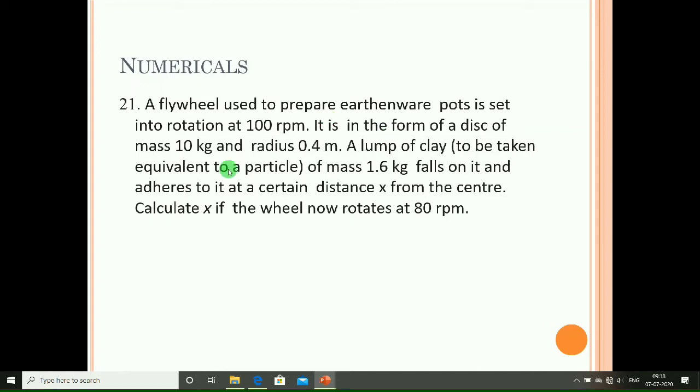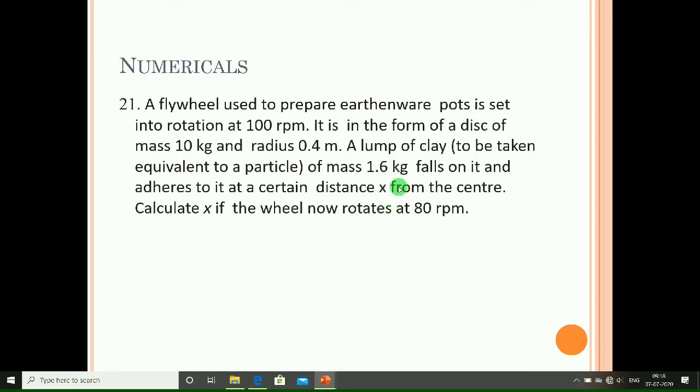What is the case given here? Actually, a flywheel in the form of a uniform disc is considered. This disc is having mass 10 kg and radius 0.4 meter. The disc is rotating at 100 rpm initially. When the clay adheres at a distance x from the axis of rotation, that clay is having mass 1.6 kg.